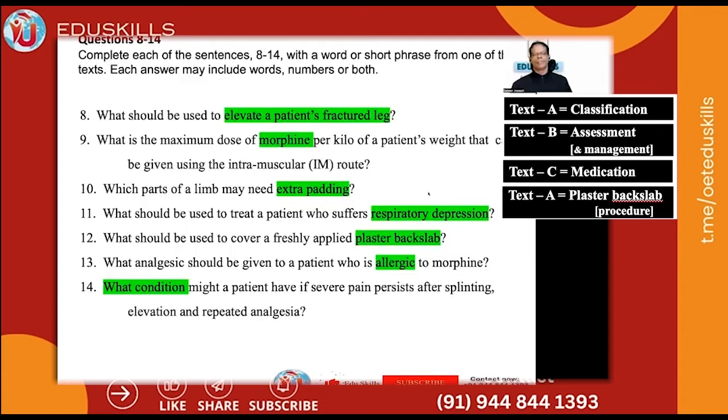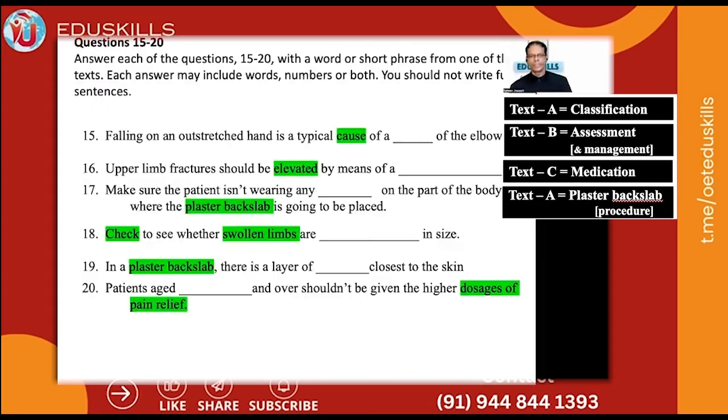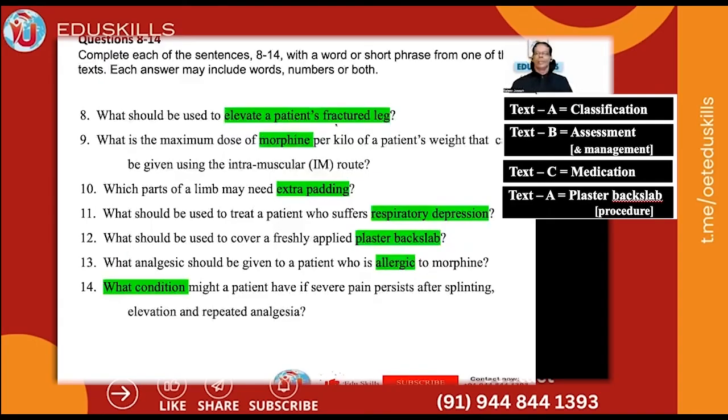So I am taking up questions 8 to 14 just to match the text. Now we are not going to answer anything. Just tell me which it belongs to. Elevate a patient's fractured leg: D. Morphine: C. Extra padding: D. Respiratory depression: D. Plaster backslab: D. Allergic: B. What condition?